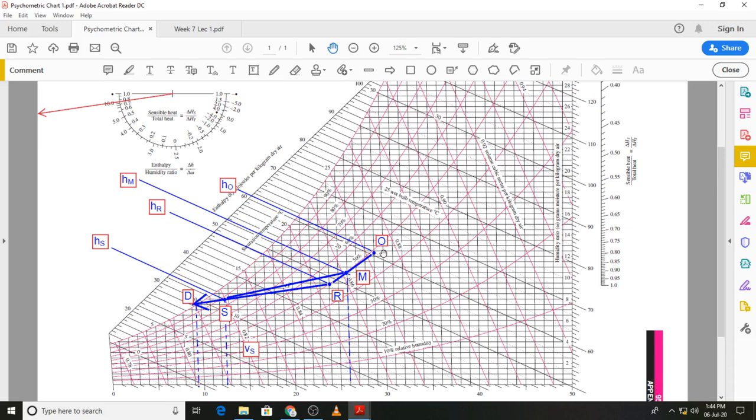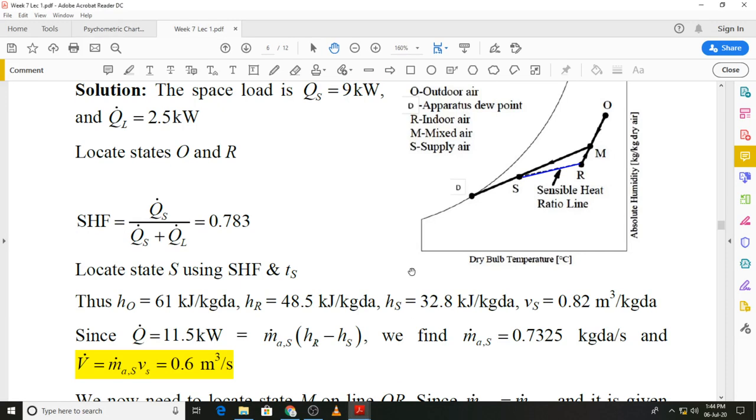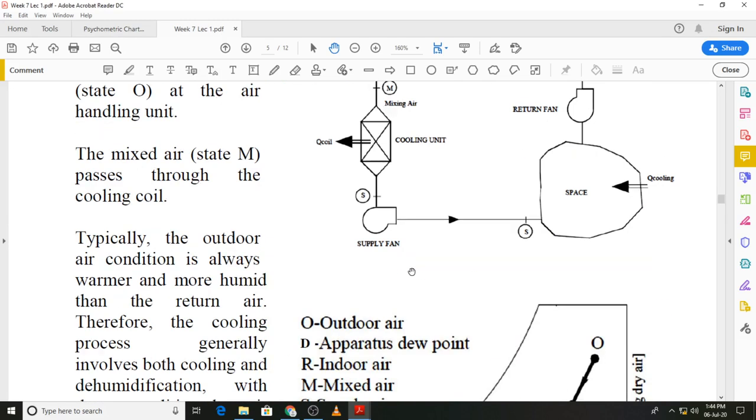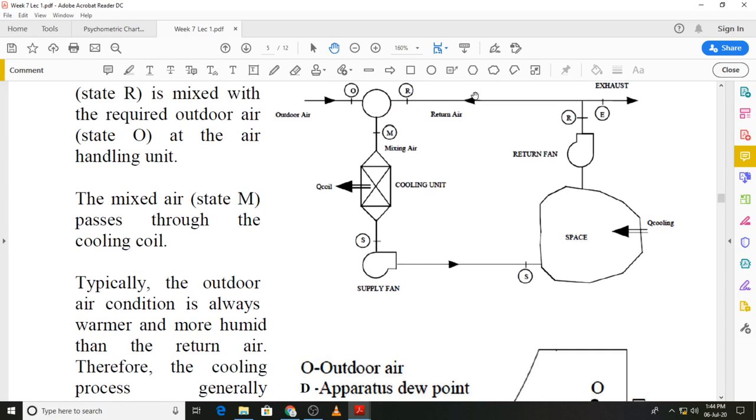If you go back to the schematic diagram, I'll go back to the schematic diagram for the cooling cycle, and you can see the mass flow rate that is supplied is the same as the mass flow rate that we obtain after mixing of the recirculated air with the fresh outside air.